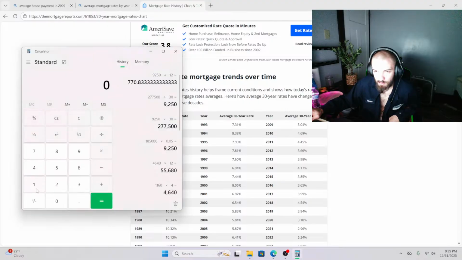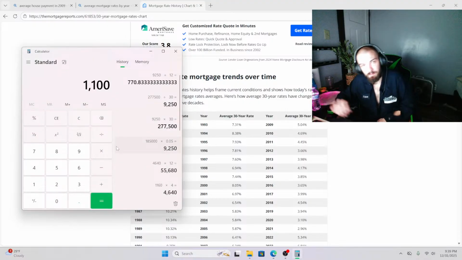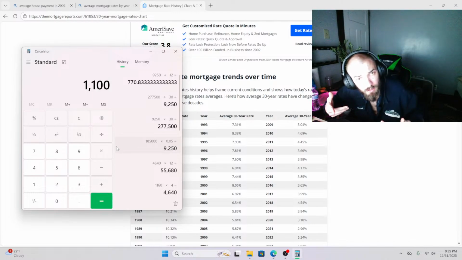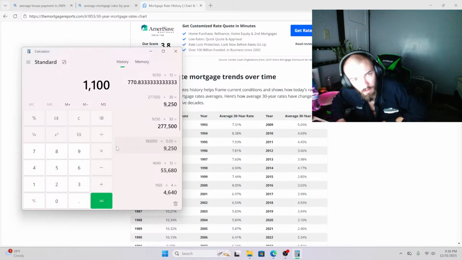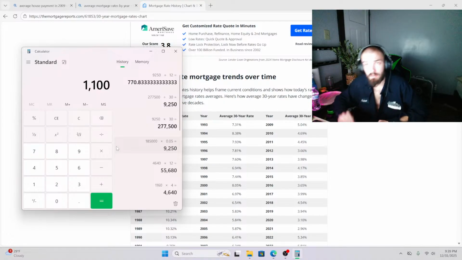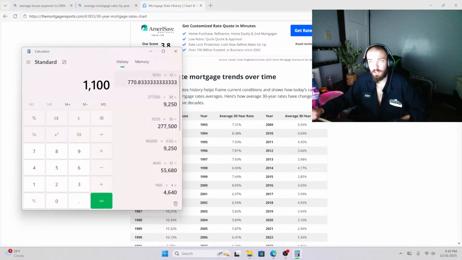So I'm gonna go off of his. $1,100 on average, and it was an average house. A 3-bedroom, 2-bath, garage, just a normal 1-story in Texas. It was a nicer area in Texas, but hey, we'll go with that for an average. $1,100. Now it's double.